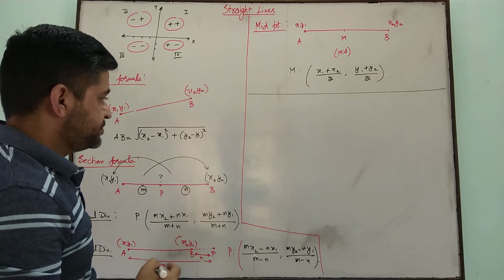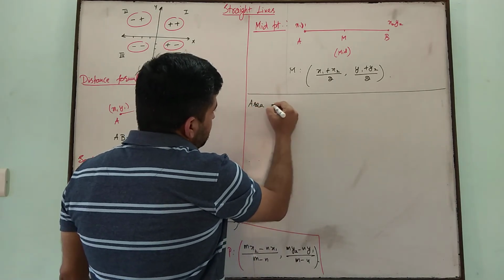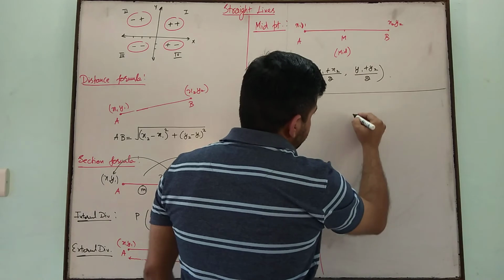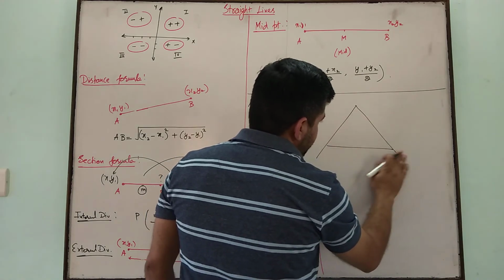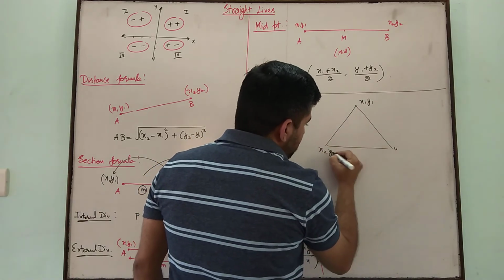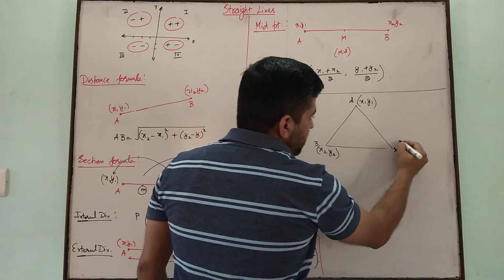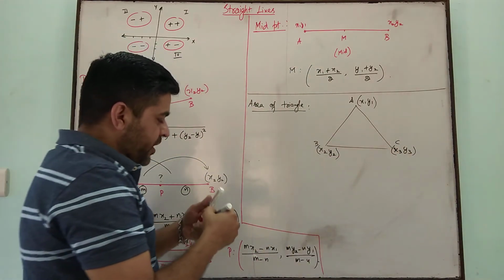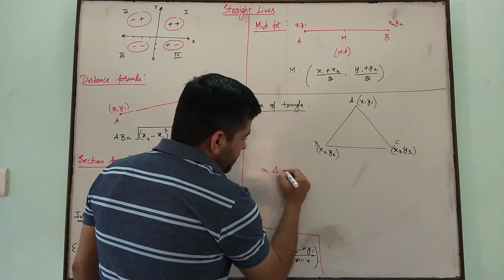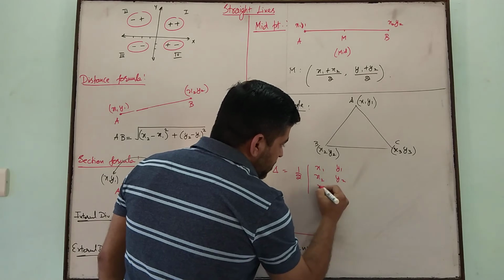Then we have area of triangle. If vertices are given x1 y1, x2 y2 and x3 y3, then area of this triangle will be half, x1 y1, x2 y2, x3 y3.